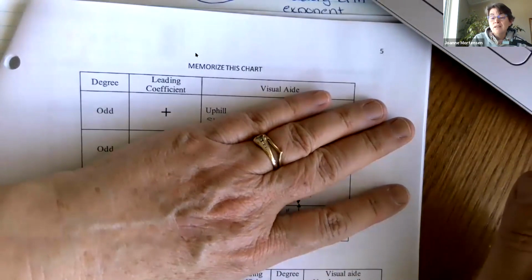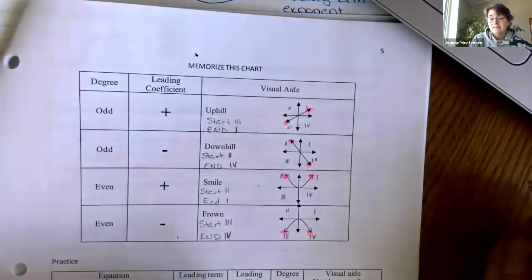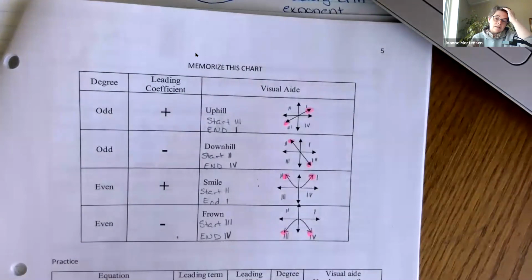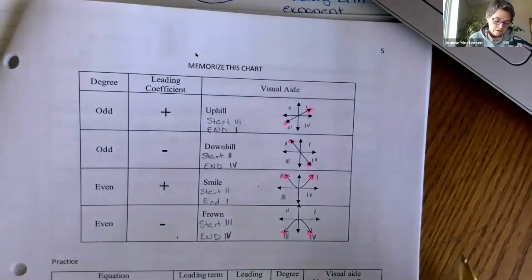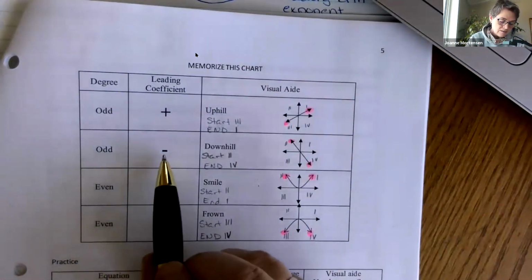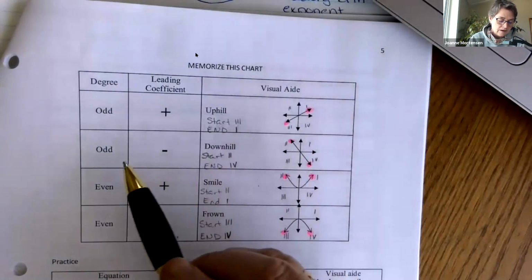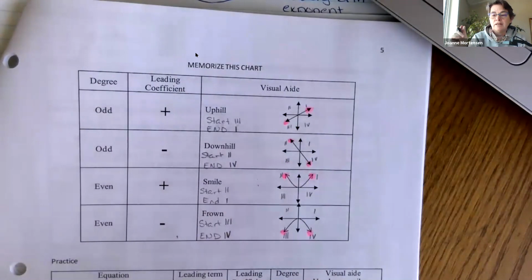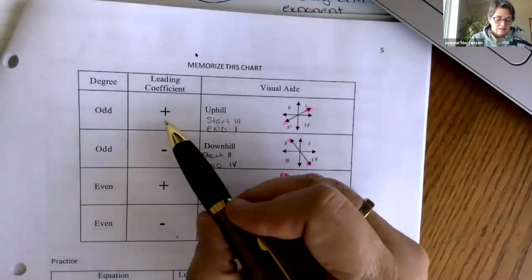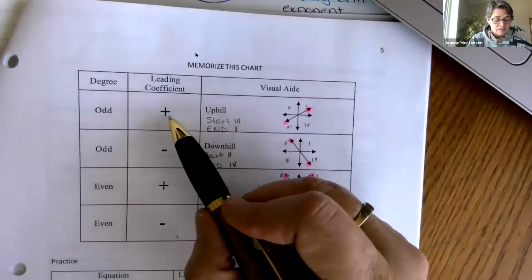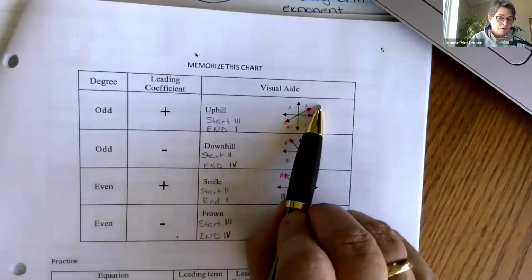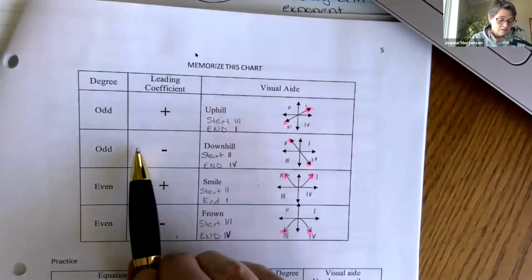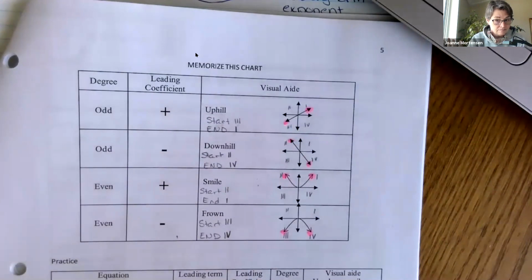I just remember if it's uphill, I can draw that and then label my little quadrants and go from there. All right, so odd negative is downhill. So if it's odd, it's a straight line either uphill or downhill. Positive is uphill, negative downhill.